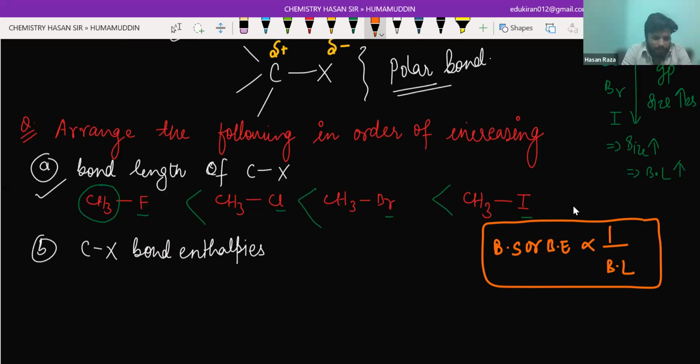Please do write it. After this, I'm going to write this first, in the same order. CH3F, just wait a minute. Inversely proportional, that means CH3F will have the largest bond enthalpy, then CH3Cl, then CH3Br, and then CH3I.